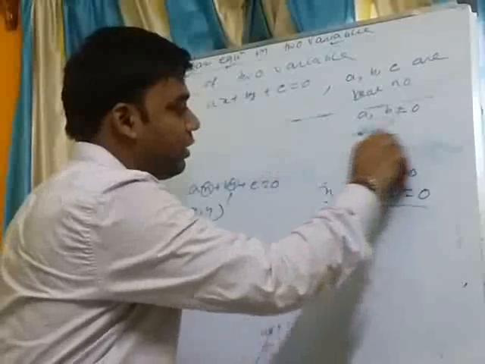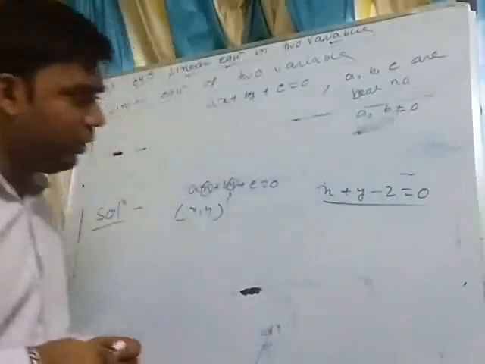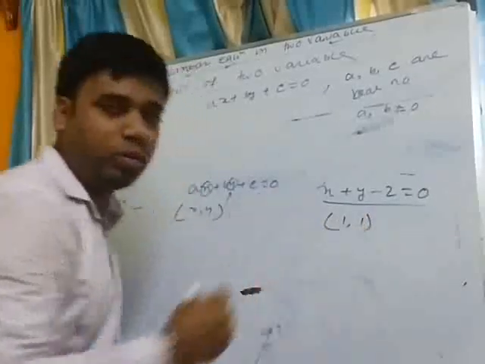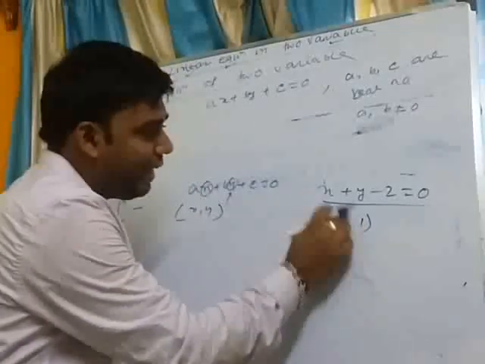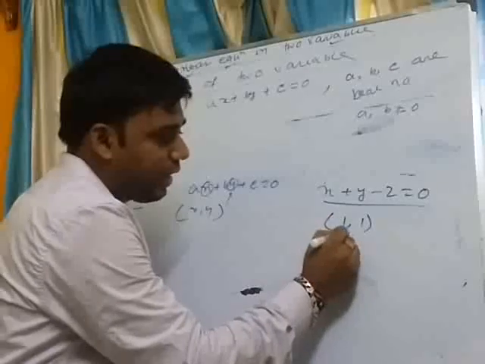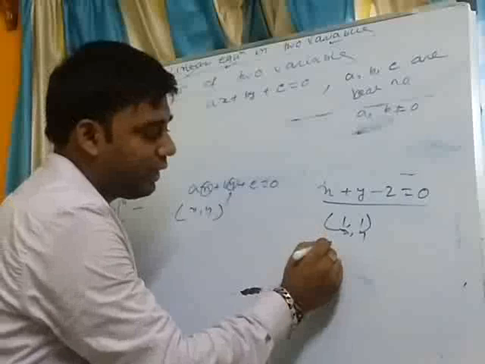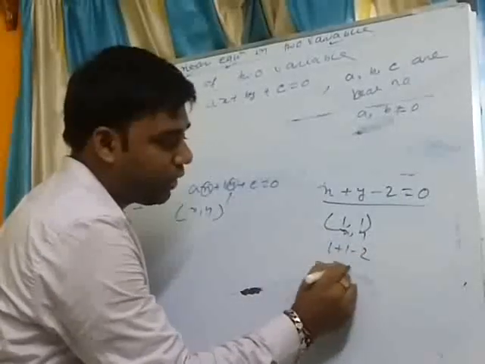Now we have to find the solution. I am taking the pair 1, 1. If I put x equal to 1 and y equal to 1 in this equation, it will be 1 plus 1 minus 2, that is 2 minus 2, 0.